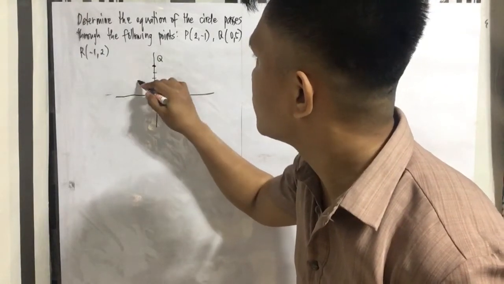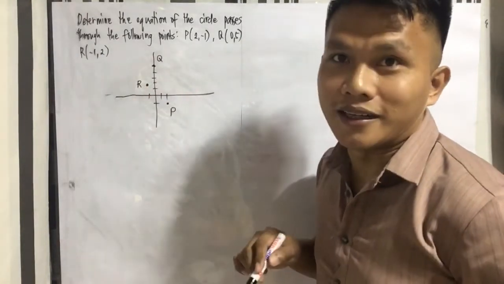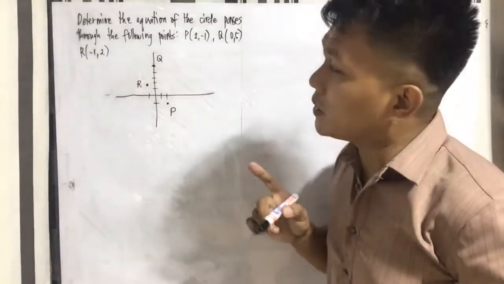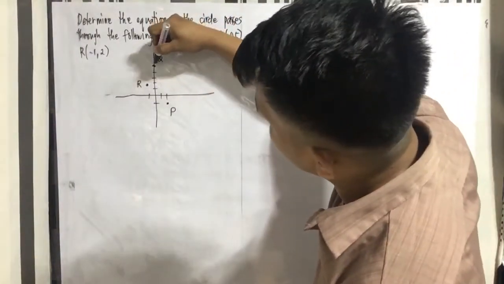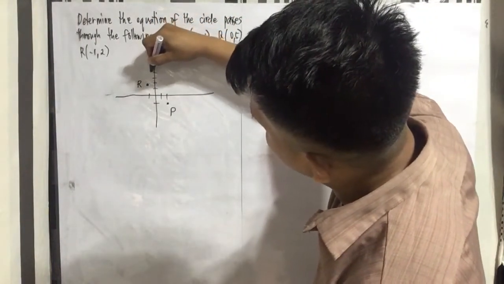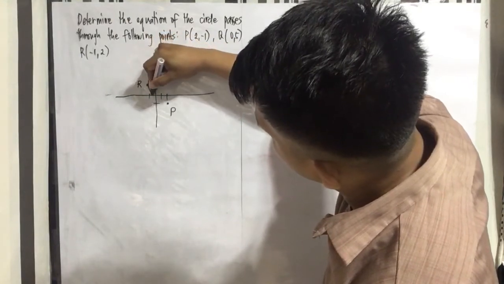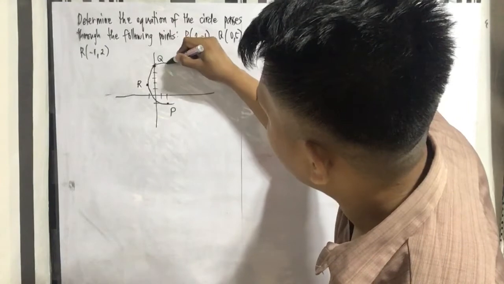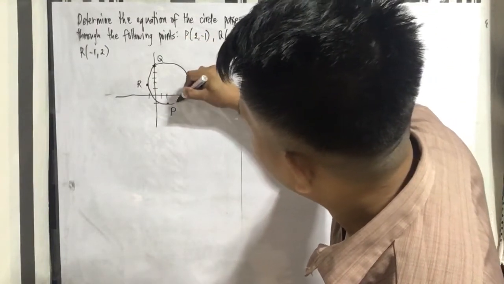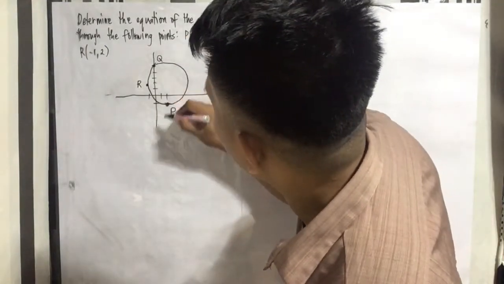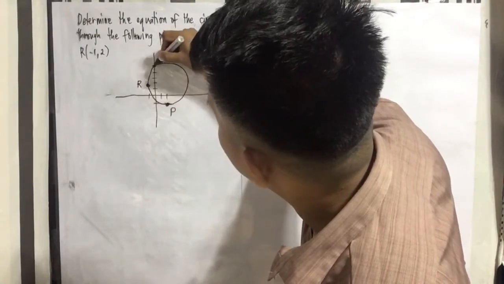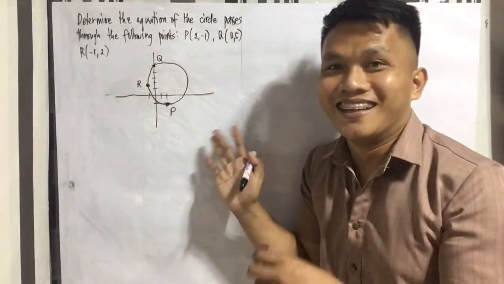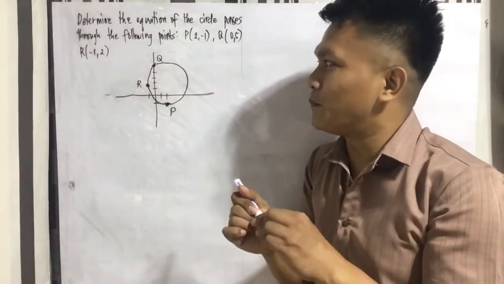So this is our point R. More or less, this will be the illustration of our circle that passes through them.